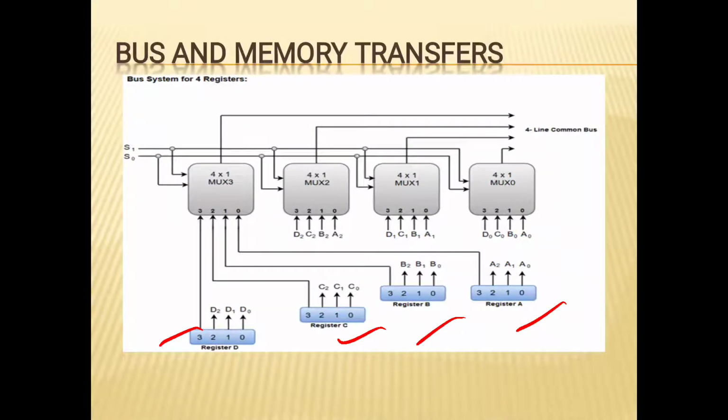Similarly, the third pin of register C connects with multiplexer pin 2, the third pin of register B connects with multiplexer pin 1, and the third pin of register A connects with multiplexer pin 0.